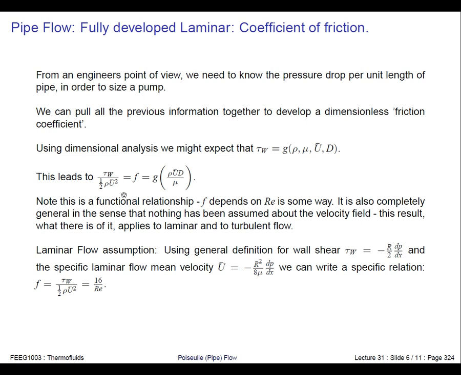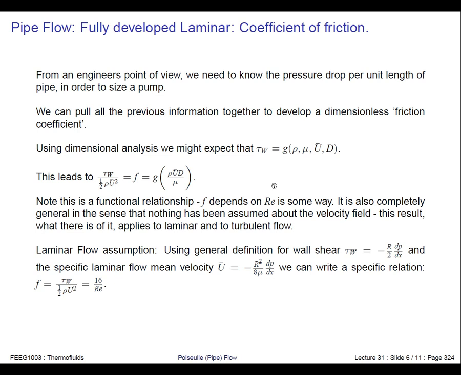And when we do our analysis, we end up working out a non-dimensional wall shear stress. Okay, and this turns out to be our friction factor that we introduced in the steady mechanical energy equation. And it depends on one non-dimensional group, and this non-dimensional group is the Reynolds number.